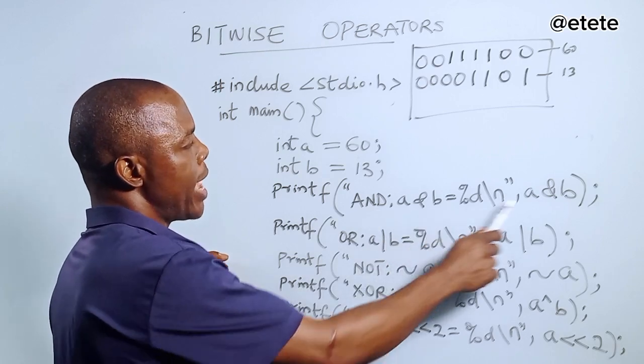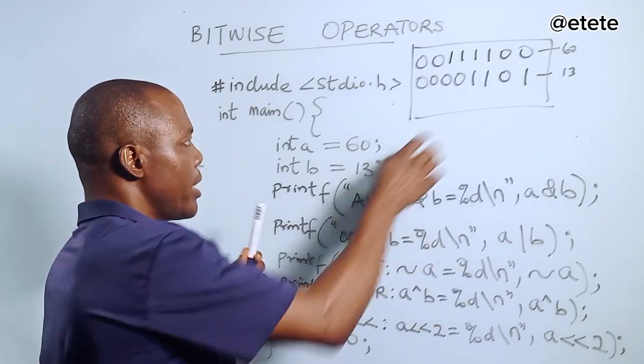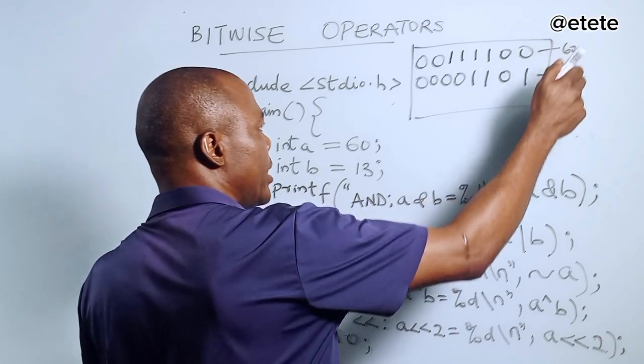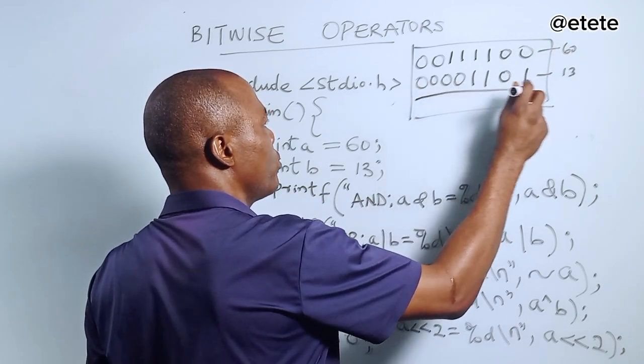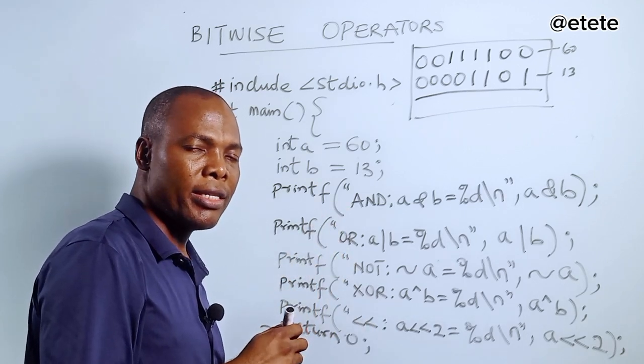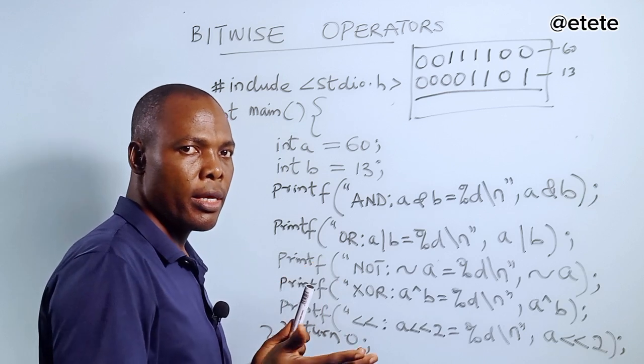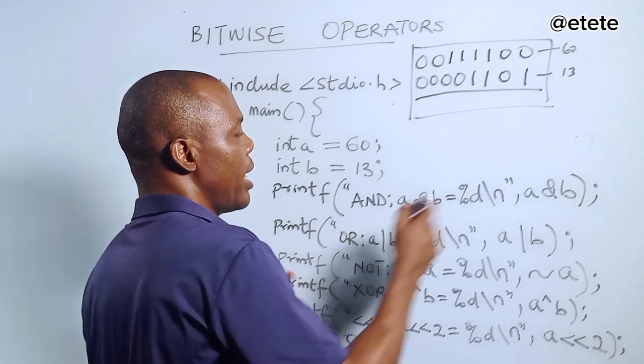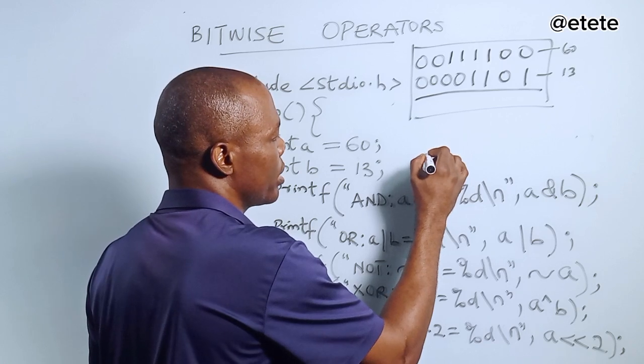Now, A and B, right? Looking at this is our A and this is our B. Now, if I'm going to do this, the AND operator is just like the logical AND, where I told you that it is like a switch.